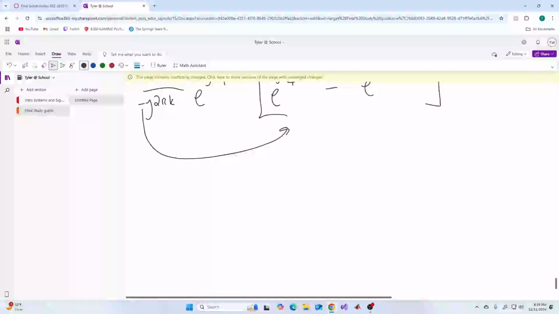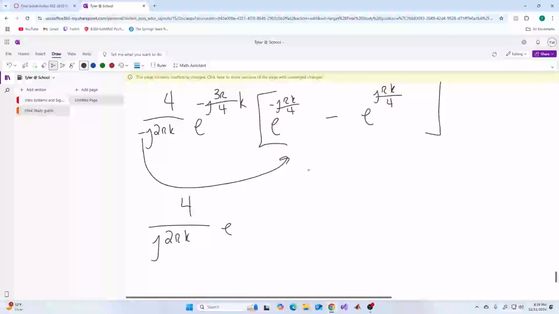So I have 4 over j 2 pi k, e to the negative j 3 pi k divided by 4 times e to the j pi k divided by 4 minus e to the negative j pi k divided by 4.